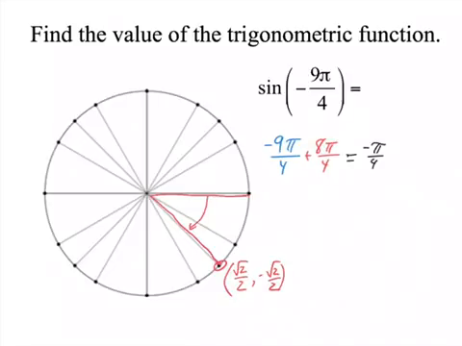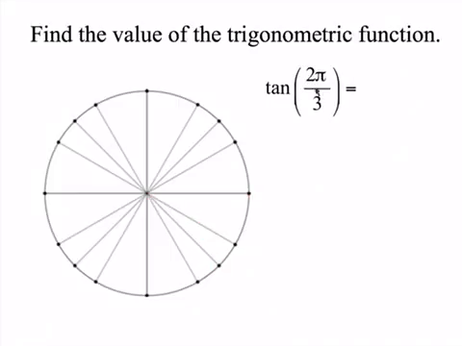And lastly, I want sine, so I want this value, the y. So my answer is negative square root 2 over 2. Again, you could have gone around the other way to another coterminal value instead. It's your call, whatever you need in order to get this point, and then sine wants that value, the y.